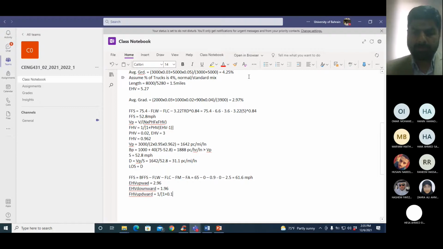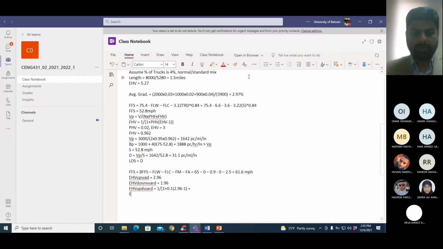Percentage of trucks 10%. For upward, the factor is 2.96 minus 1. And the same thing for downward as well. I just change the value of the factor and that's it.